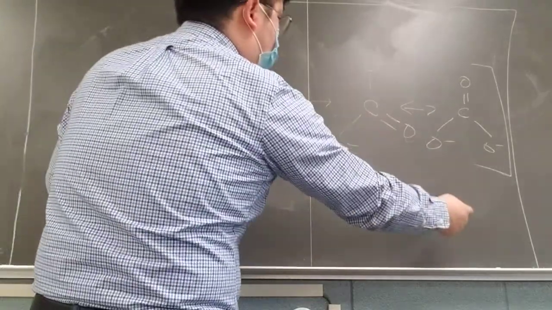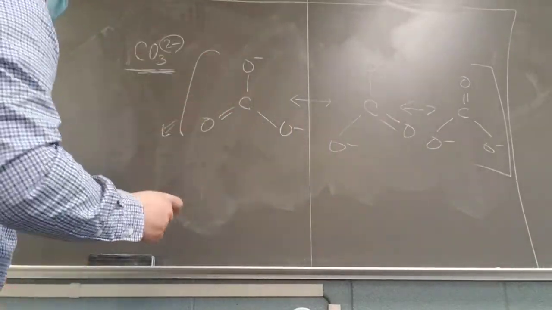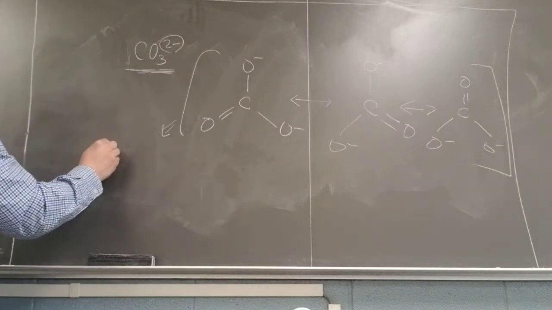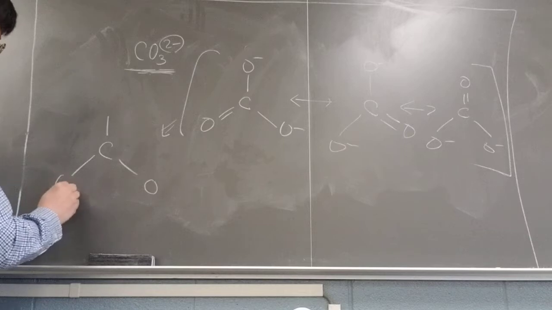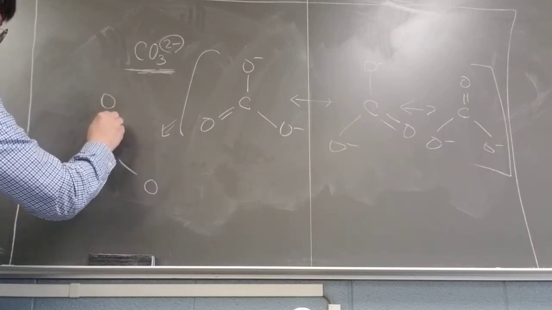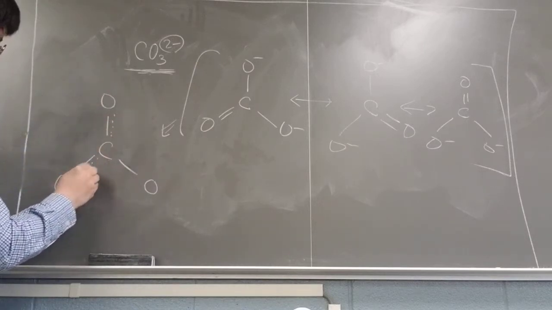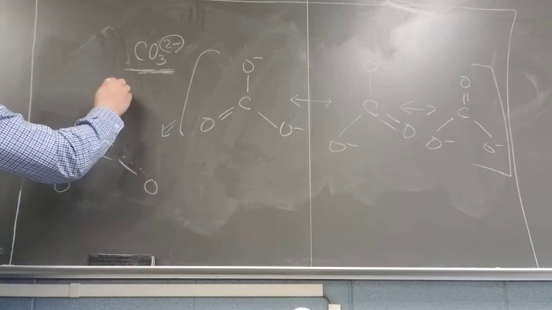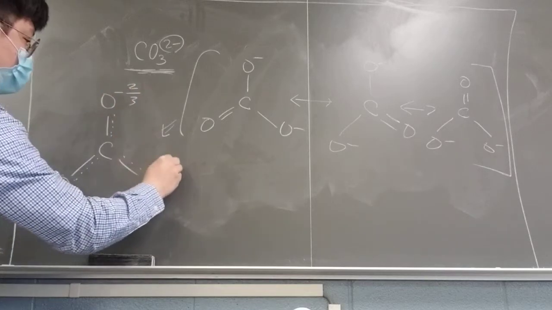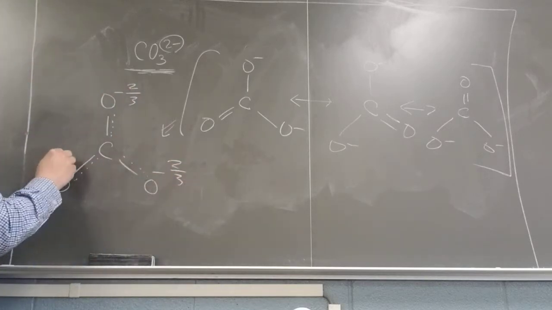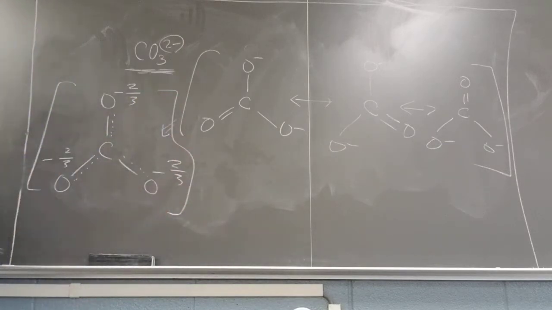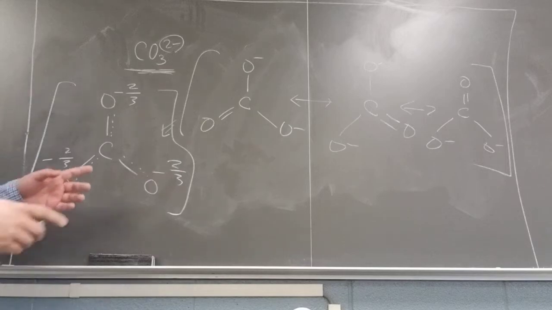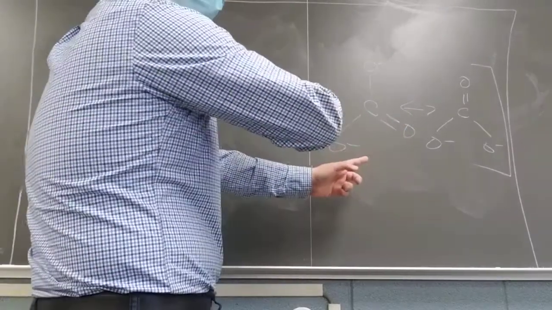That's why we're doing this, but in reality, what we're actually going to see is this one. This is what we call the resonance hybrid, meaning you just combine everything over here.